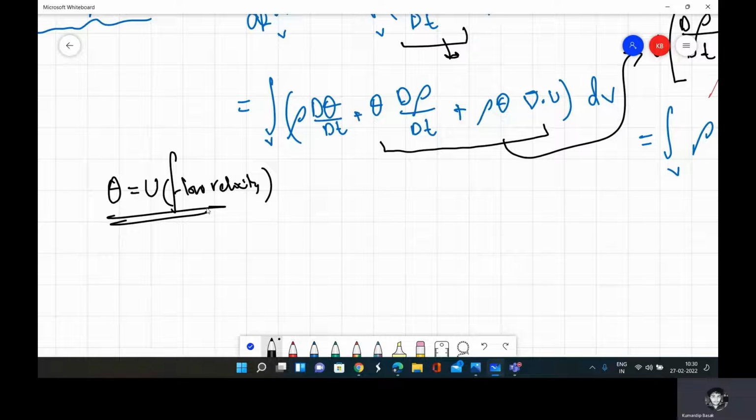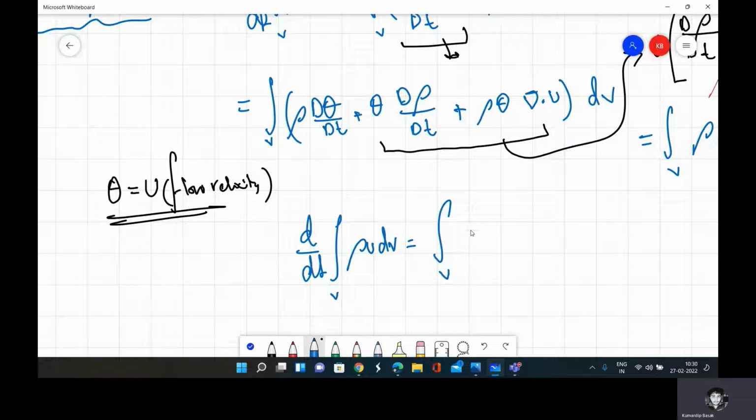This is a physical quantity, so we can substitute there. After substituting, what am I getting? I am getting d by dt integral over V of rho u dV equals volume integral over V rho du by dt dV.